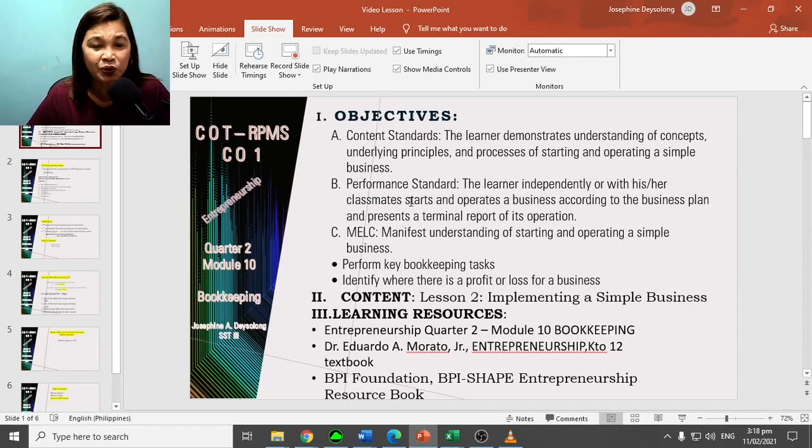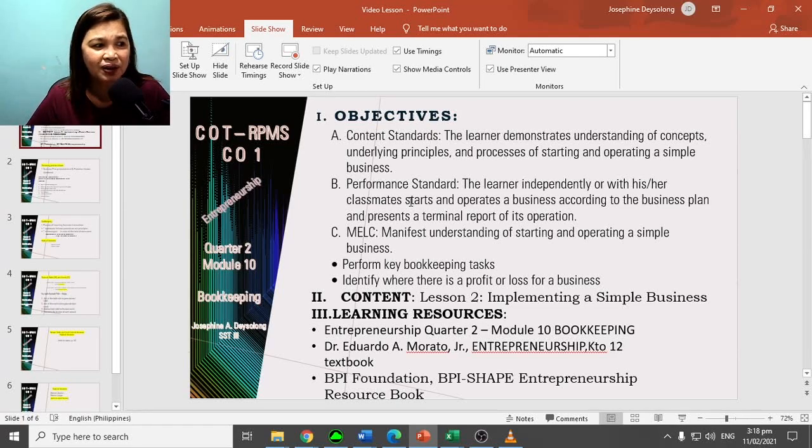And you are going to present a terminal report of its operation, meaning it is from the trial balance until the income statement.